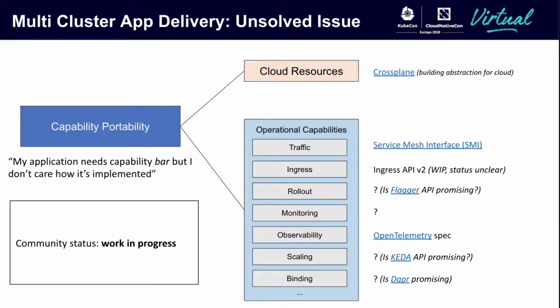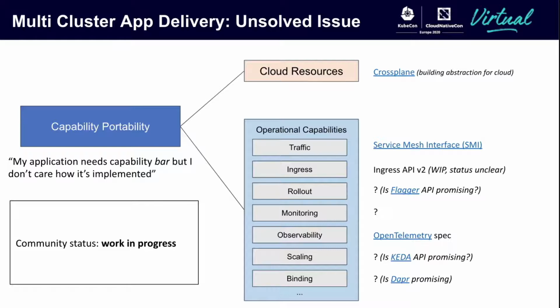For example, the cloud resources. How can I define a database which is portable between Google Cloud and Microsoft Azure? This is a very, very complicated issue. And today, Crossplane can help you solve this kind of problem because it can help you build a platform-agnostic abstraction on top of the cloud resource APIs.